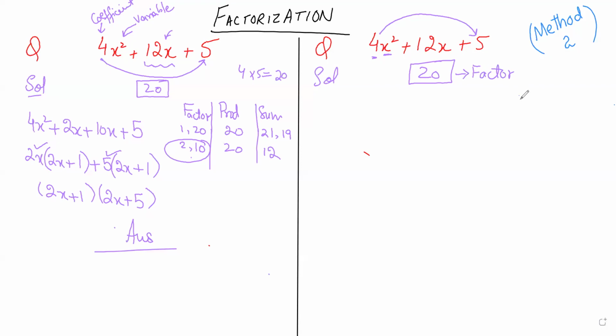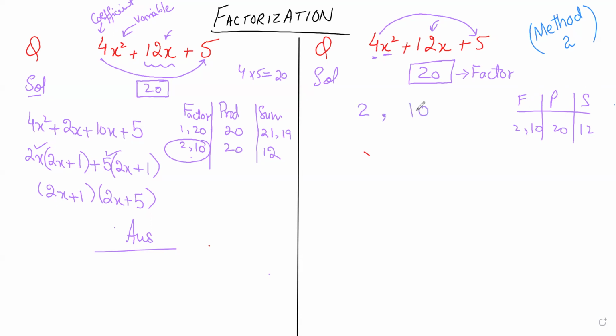So I'm going to do the same thing: factor, product, sum. And from the previous part, I already know that we're going to use the 2 and 10 because it will give me 12, the second one here. So now instead of writing my 2 and 10 in between, I'm only going to write 2, comma, and 10.